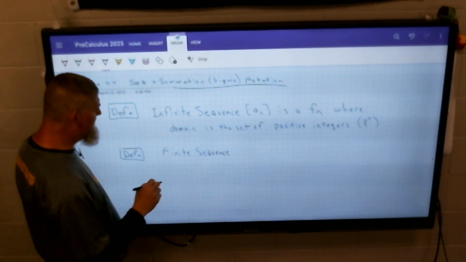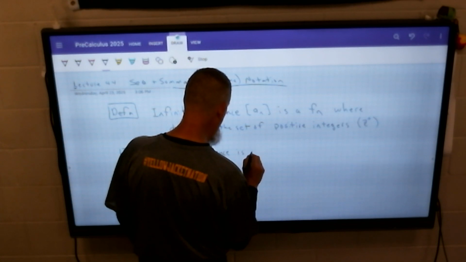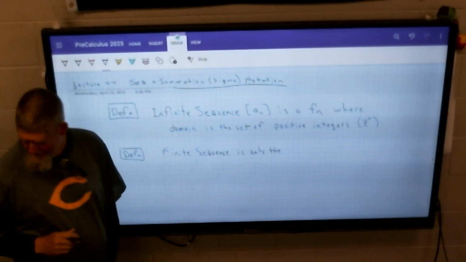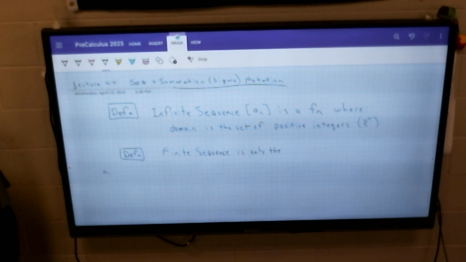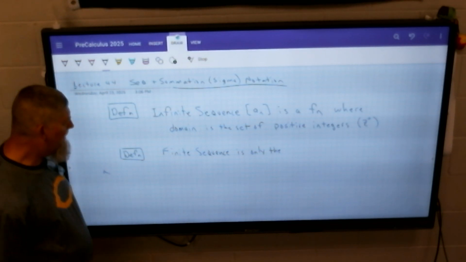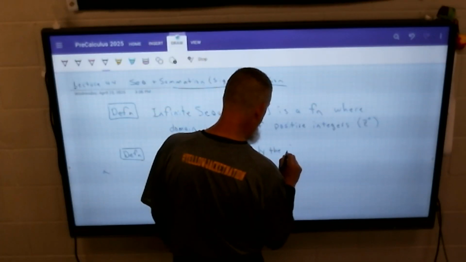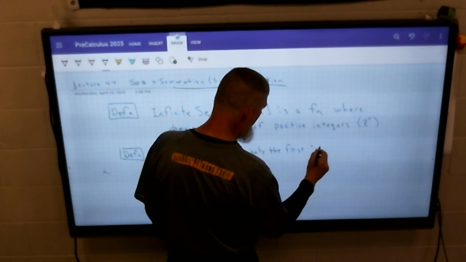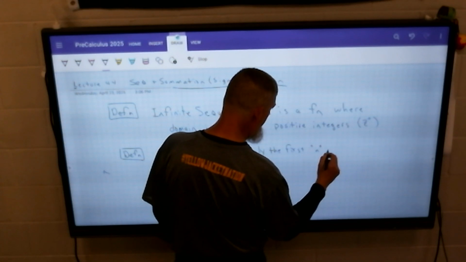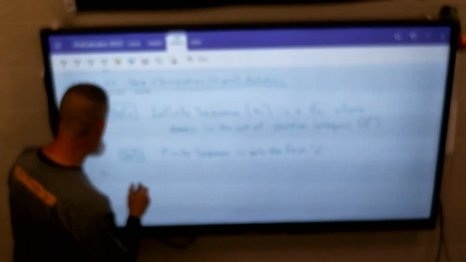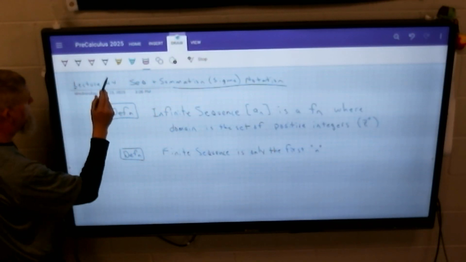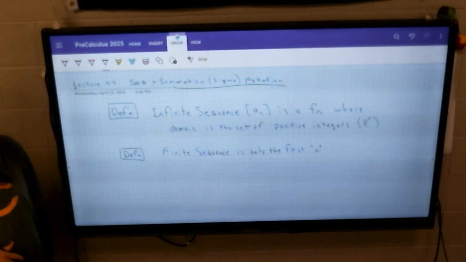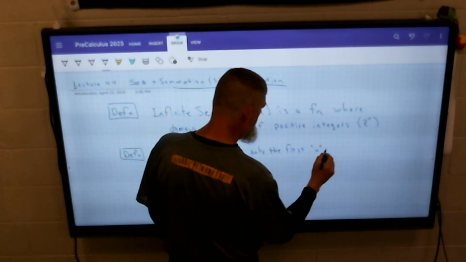The finite sequence is only the first N positive integers.